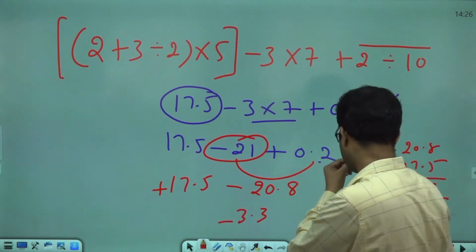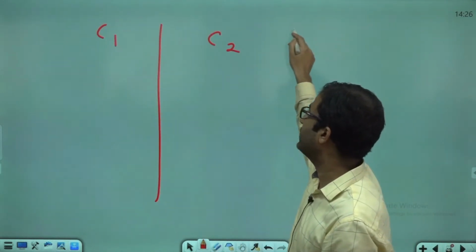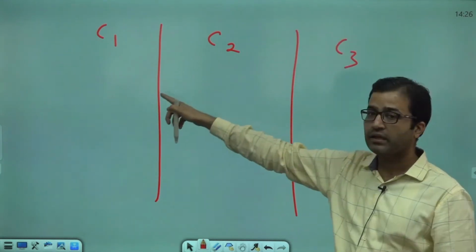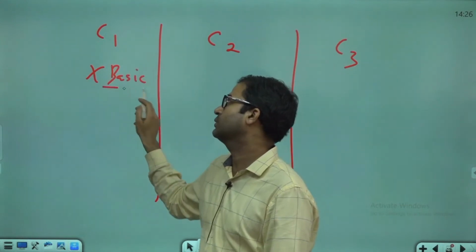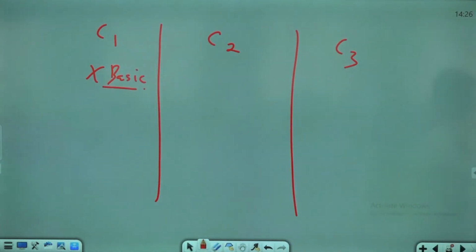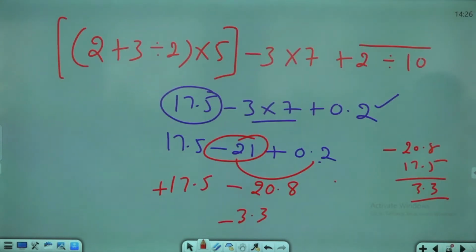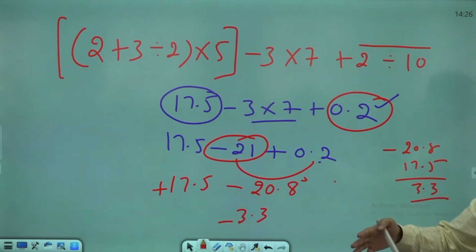Those who joined in the last 3-4 days; I categorize students in 3 categories: category 1, category 2, category 3. Category 1 are those who are not comfortable in basics. You have to do extra practice. Some of you are facing problems of this type, how did this 0.2 come, and this type of issue, so we will do extra practice.